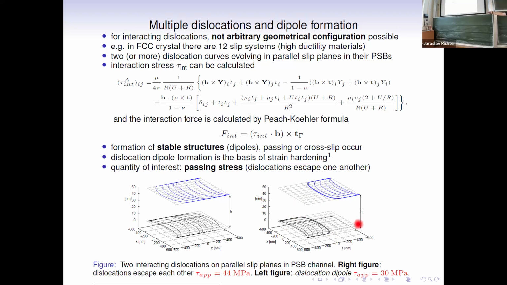So this is what physicists know under the term dipole, and they are interested in what is the value of the stress in order to form such dipoles. And basically it's kind of an open problem, because there is no general pattern how to track this one.